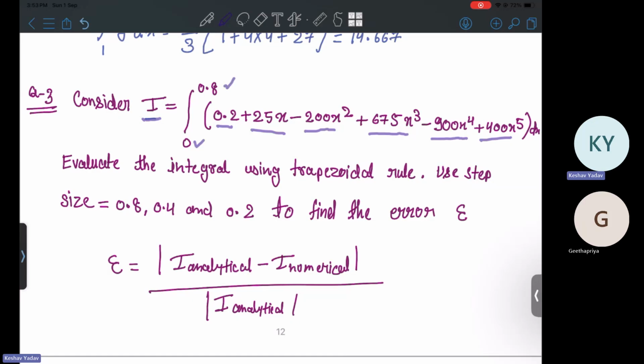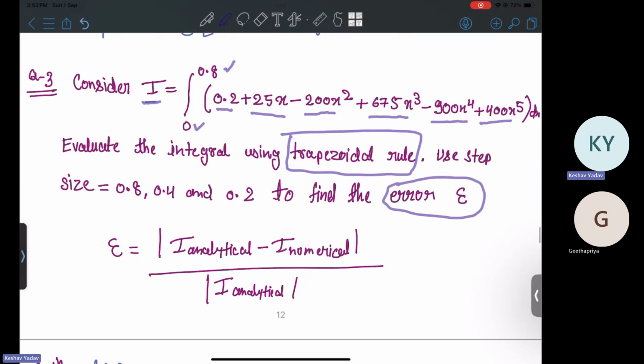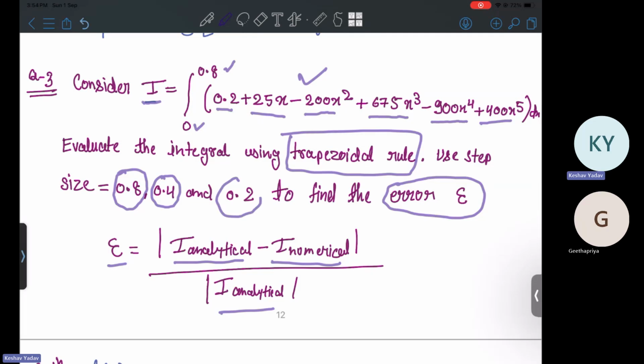And we want to use the trapezoidal rule to find the error involved in this numerical integration. This error is defined as the modulus of I analytical minus I numerical divided by I analytical. I want to find the error for 3 step sizes: 0.8, 0.4 and 0.2.